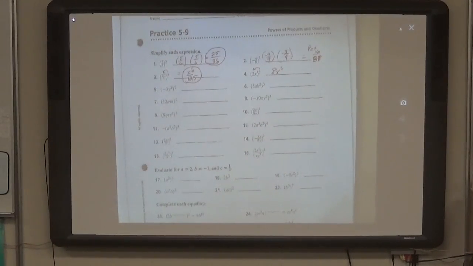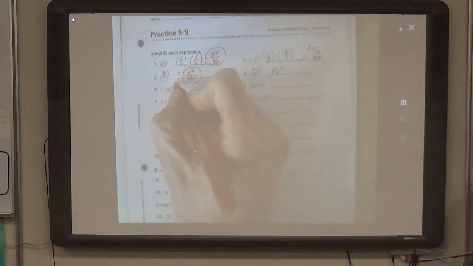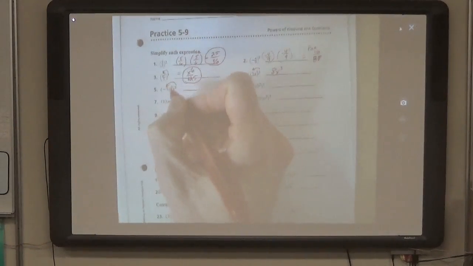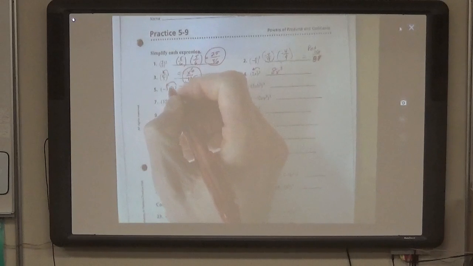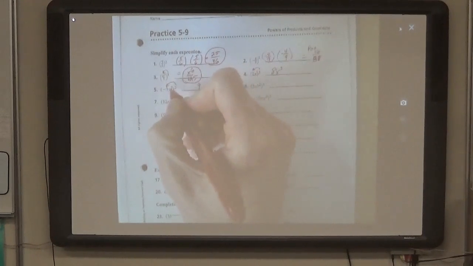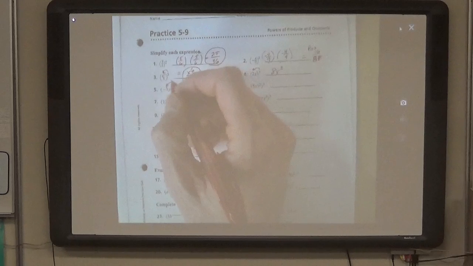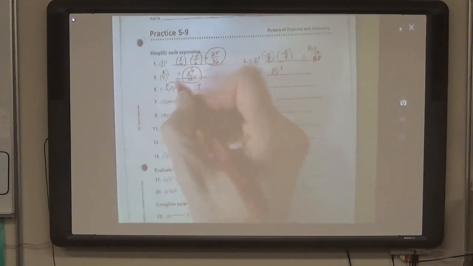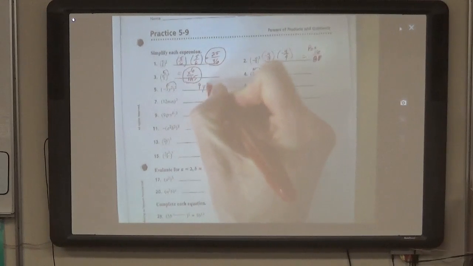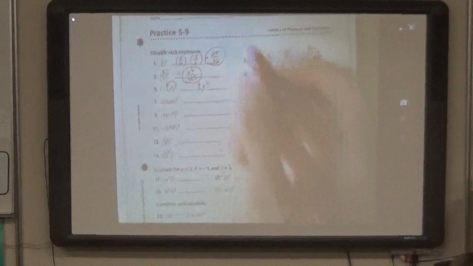Number 5. The 2 applies to the negative 3. Notice the negative sign is in the parentheses. And then y squared to the 2nd power. Power of a power. So the answer is 9x to the 4th power, I mean 9y to the 4th power.